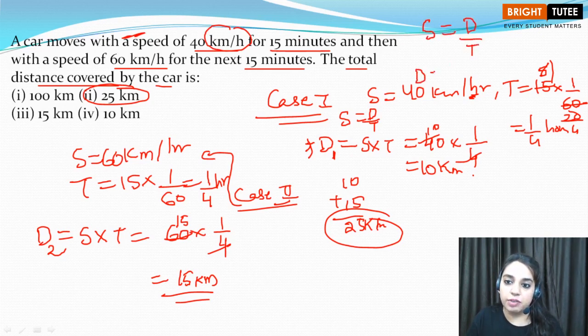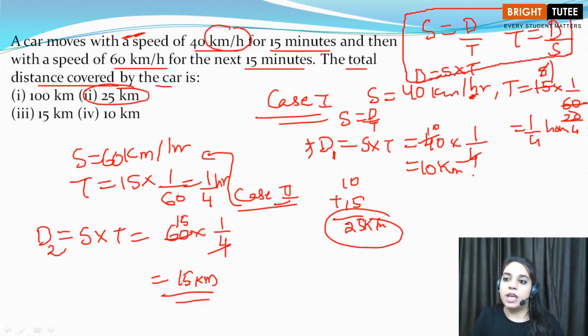Then distance will be equal to speed multiplied by time, and time will be equal to distance divided by speed. So children, you just need to remember this relationship, and before solving any question, check all the units of the question. So children, these were the questions and answers from the topic that we have covered so far, and I really hope that you have understood this concept really well. Thank you so much for your attention.